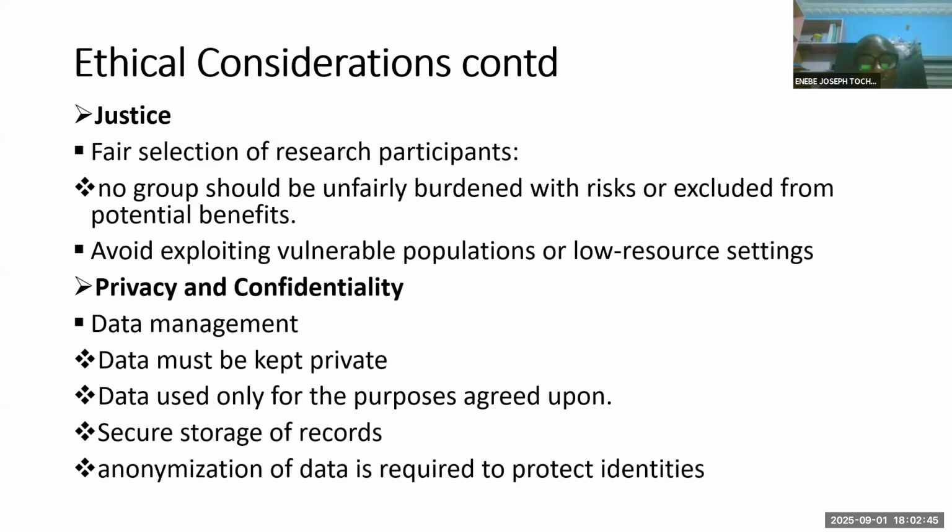And we must have a secure storage method for our records, and data must be anonymized so that people cannot be identified using their data. That means anonymization of data.